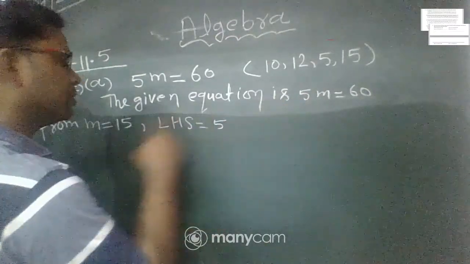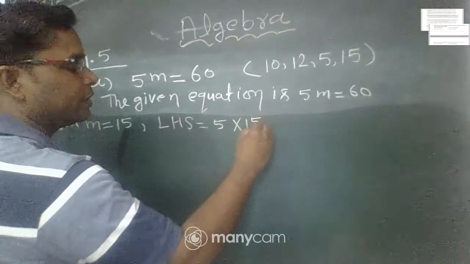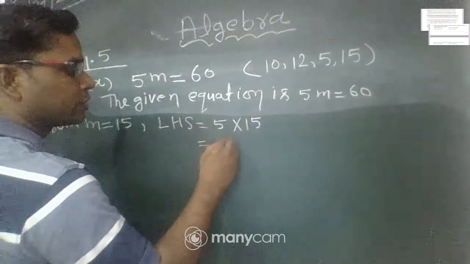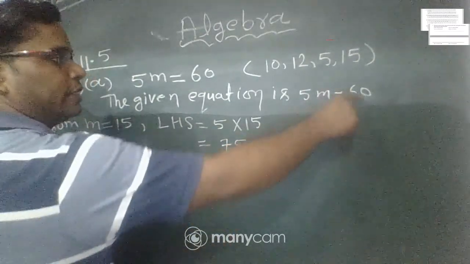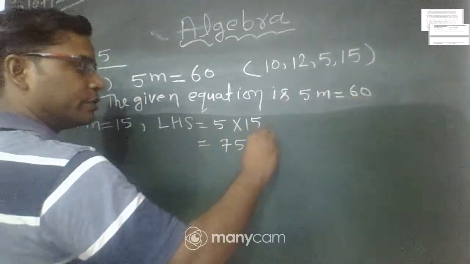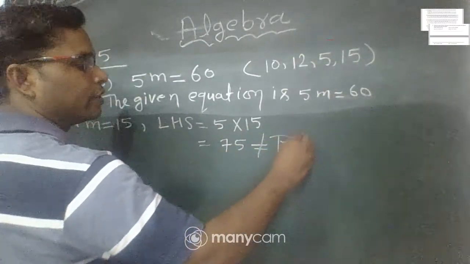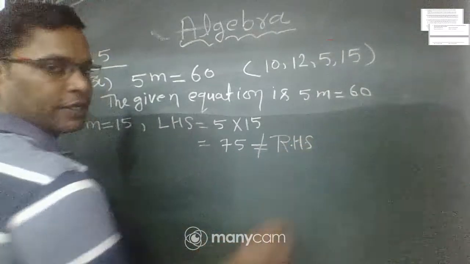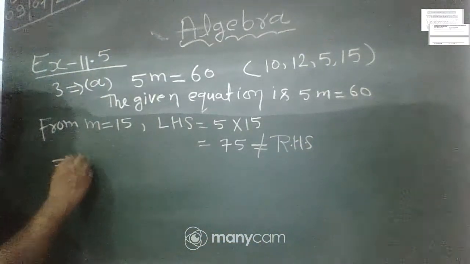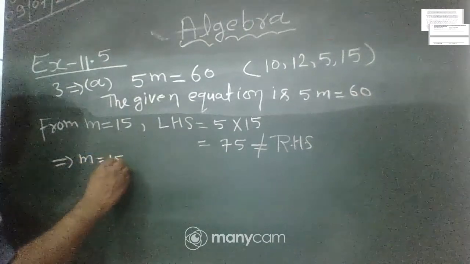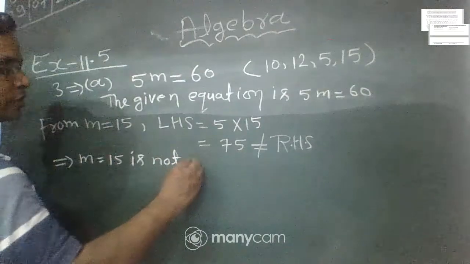The value of m we take is 15, so 5 into 15 is equal to 75. But here the right hand side is 60. So 75 is not equal to the right hand side. So this implies that m is equal to 15 is not a solution.